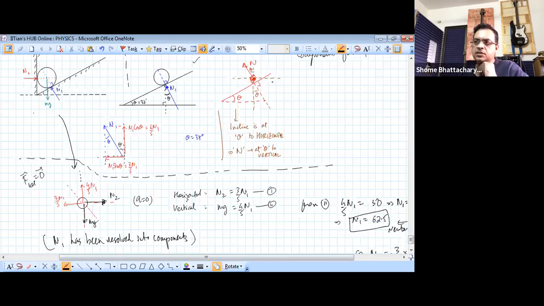This is just giving you the general rule of thumb: for any inclined surface, any body on it, whether it is a circular body or a straight body, the direction of normal reaction is always perpendicular to the surface. If the angle the incline makes with the horizontal is theta, then this angle also becomes theta. So this general principle is shown: if the incline is at theta to the horizontal, then the normal reaction applied by that incline will be at theta with the vertical, perpendicular to the plane.